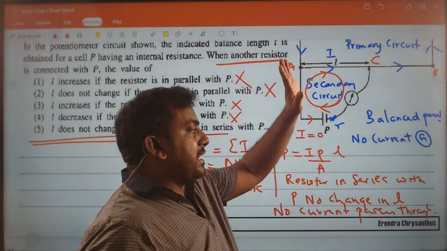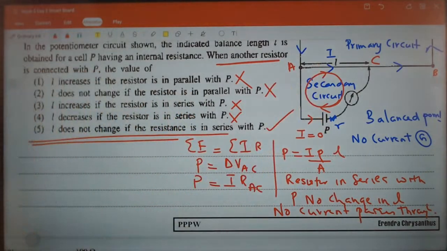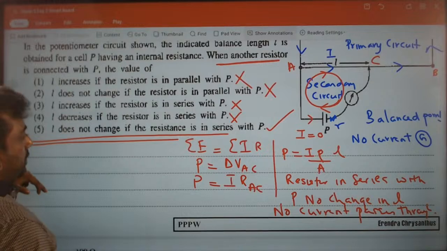Therefore, the balance length will not change. Right. Moving on.